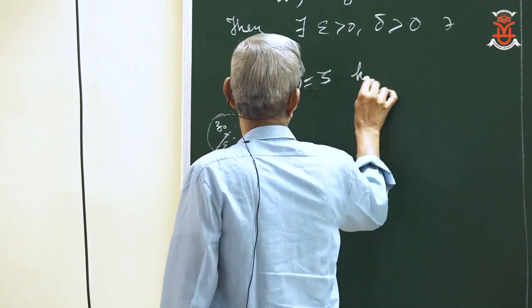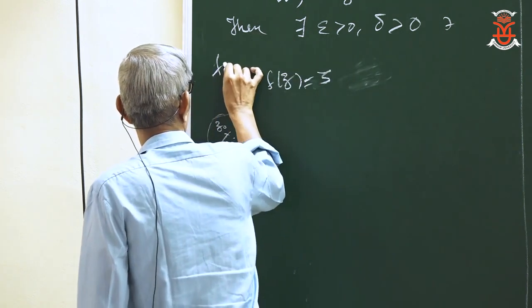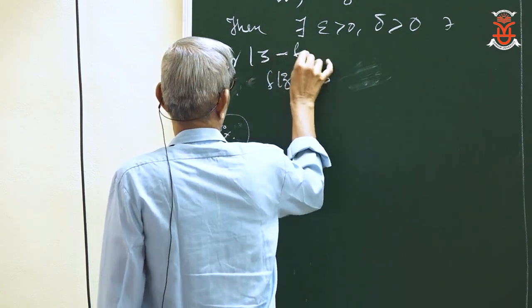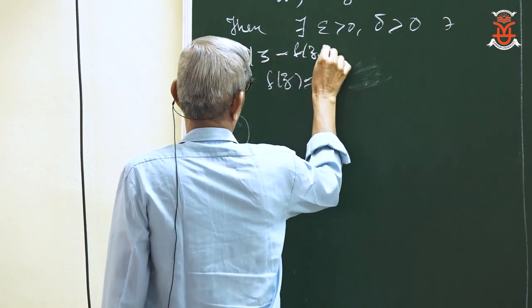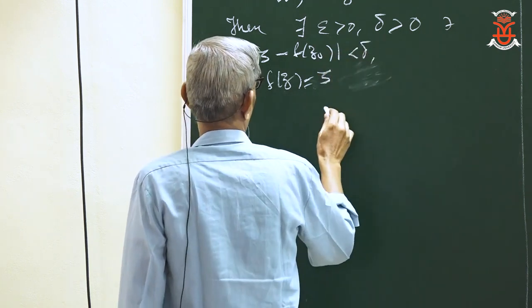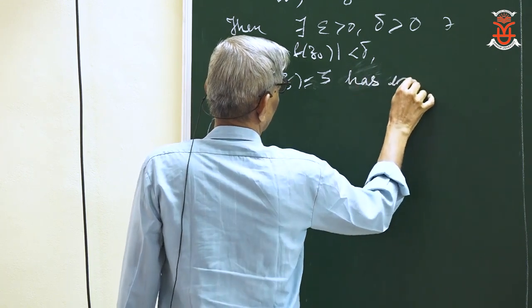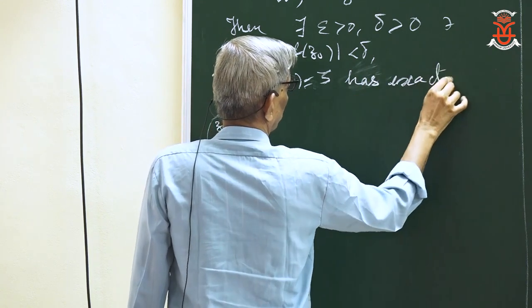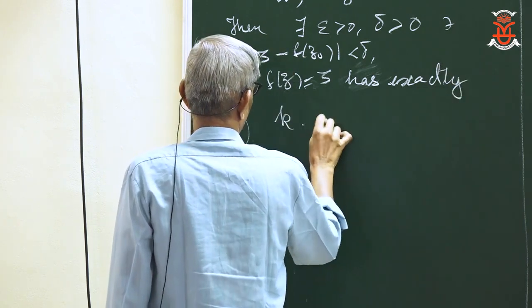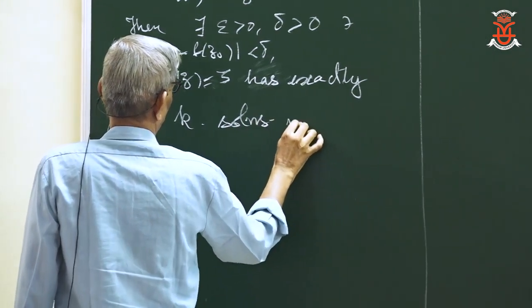So for mod zeta minus f(z naught) less than delta, the equation has exactly k solutions.